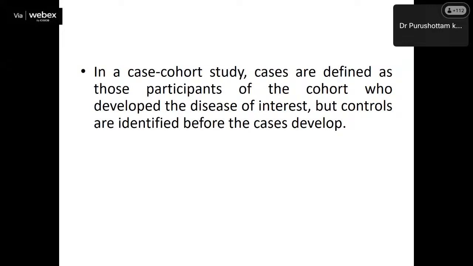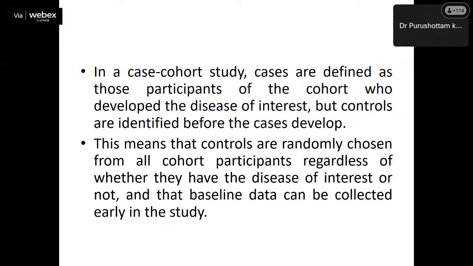So there is a cohort in which many persons develop the disease, that is the cases, and all the remaining are the cohort controls. This means that controls are randomly chosen from all cohort participants regardless of whether they have the disease of interest or not, and the baseline data can be collected early in the study.